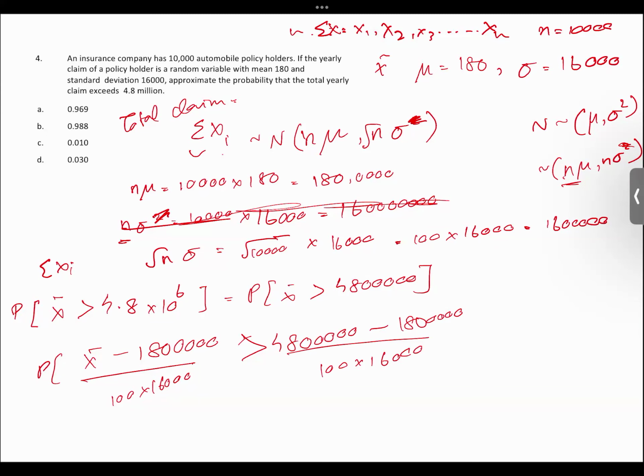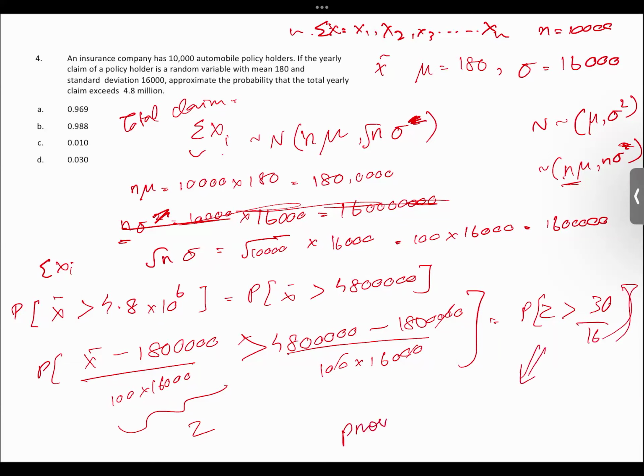If you solve this, you'll have something like 30. So you'll have P of Z, this is basically Z, greater than 30 by 16. So you just have to write pnorm of 30 by 16, lower.tail = FALSE.